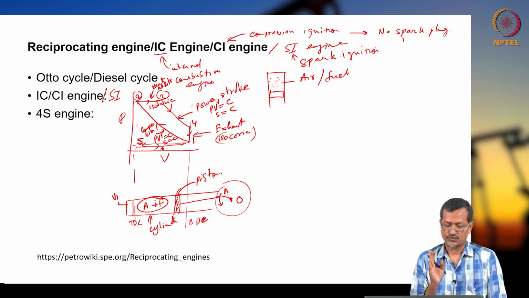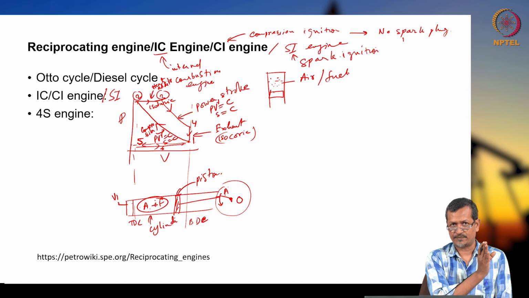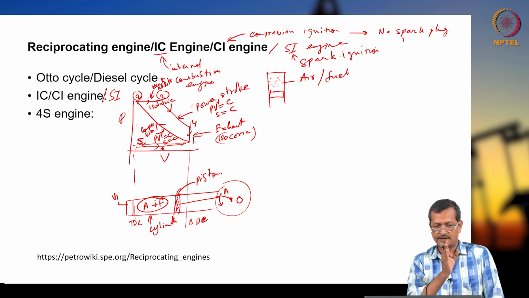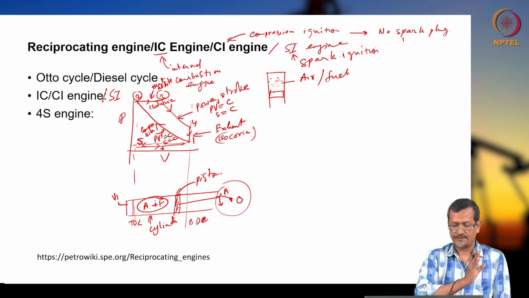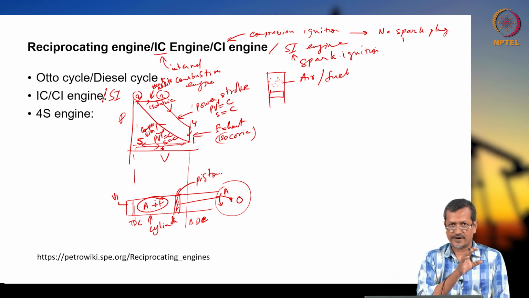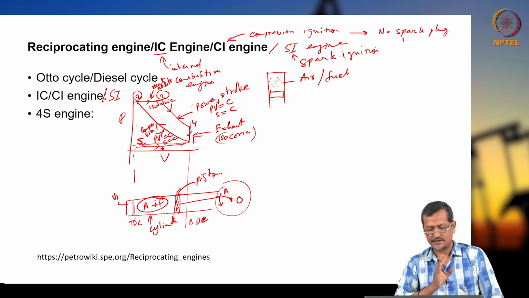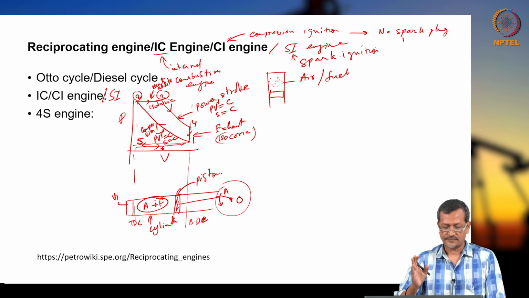You have one power stroke, and the piston moves from BDC to TDC compressing, then TDC to BDC burning, then the power stroke, again moving towards TDC, you are removing all the burned gas from the cylinder, again you are moving towards BDC, you are taking the air fuel mixture. Okay.